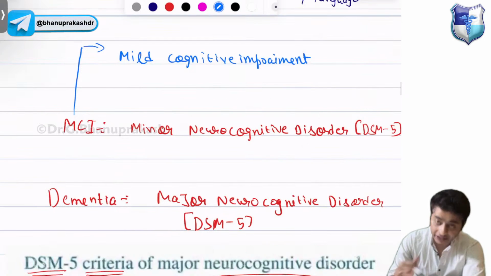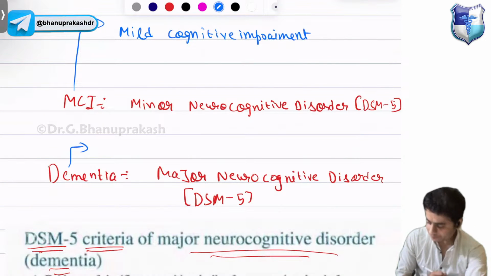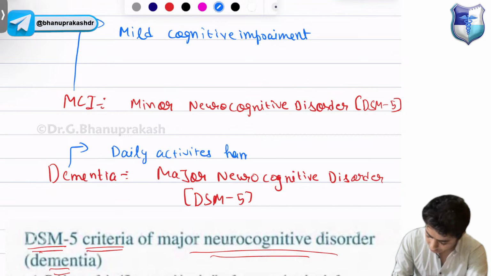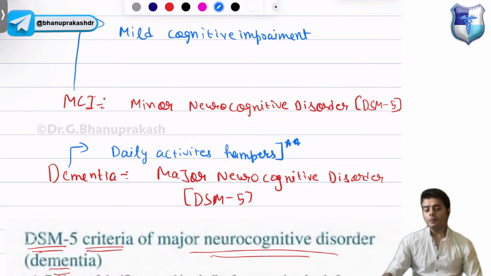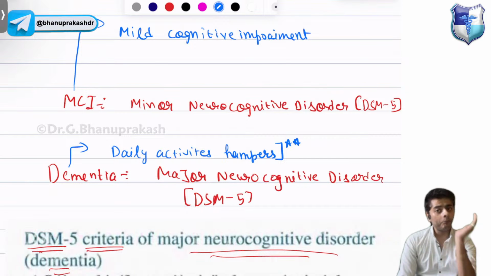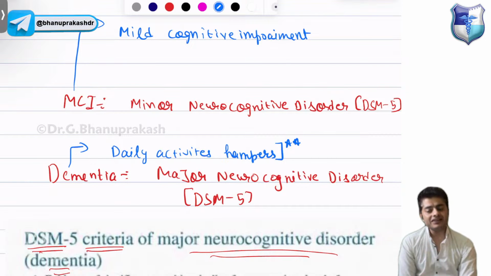The differentiating factor is that in dementia, your daily activities are hampered. So when there is loss of any cognitive function, plus your daily activities are getting hampered, then it is known as dementia.